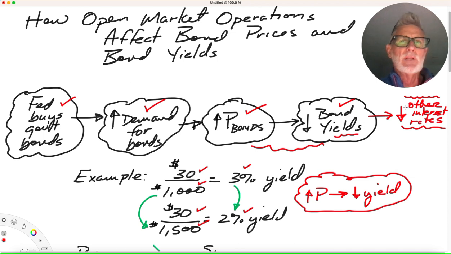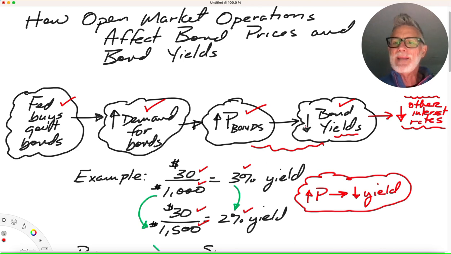Now, this is going to be of limited usefulness during a pandemic because you can lower interest rates, but if people don't want to get out of their house and they're afraid, they're still not going to buy a new car or buy a new house. But nevertheless, the Fed was doing what it could to try to stimulate the economy by keeping interest rates very low. How did it do it?